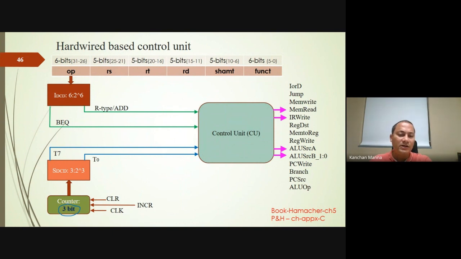This counter is generating the value, and it has these inputs. One is the clear signal, meaning that if it is active, the counter's initial value would be 0. We have the incrementer: if it is 1, it will increment the value by 1. And this is the clock.